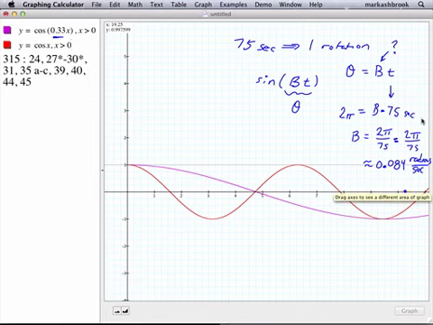Because if it goes 2 pi radians in 75 seconds, then we're going to chop that 2 pi up into single seconds. We divide it by 75, and that'll tell us how many radians it goes each second. Okay? And so then we want the sine of that number of radians per second times t.